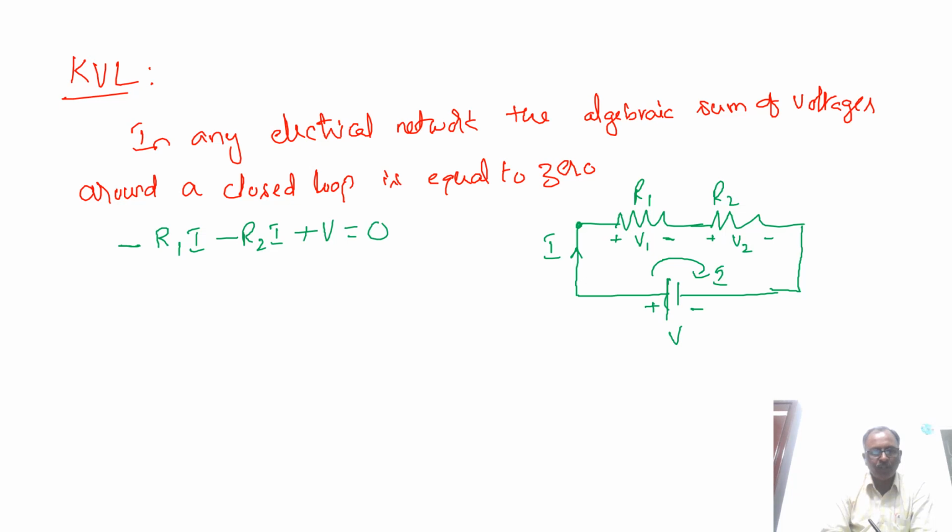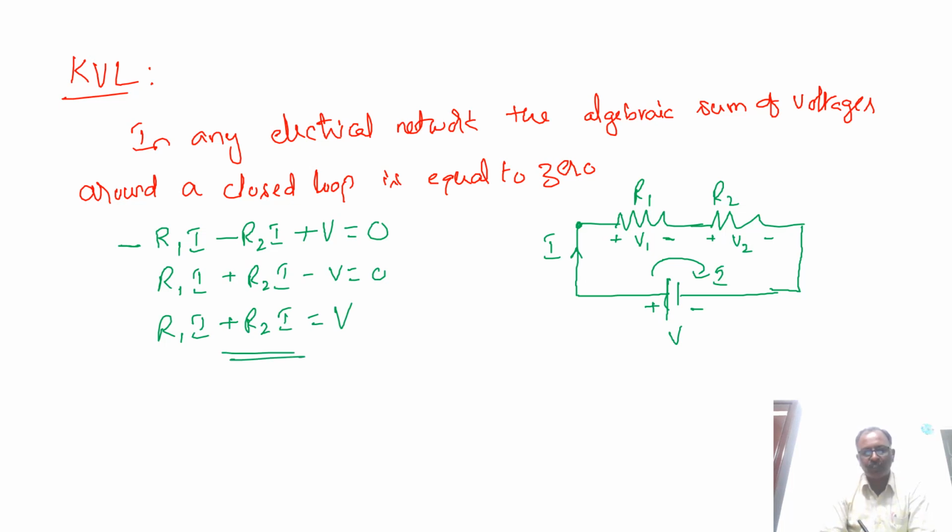So if you multiply with the negative sign, we are going to get R1 into I plus R2 into I minus V equal to 0. And if you move that minus V onto the right hand side, we are going to get R1I plus R2I equal to V. This is the KVL equation for this loop.